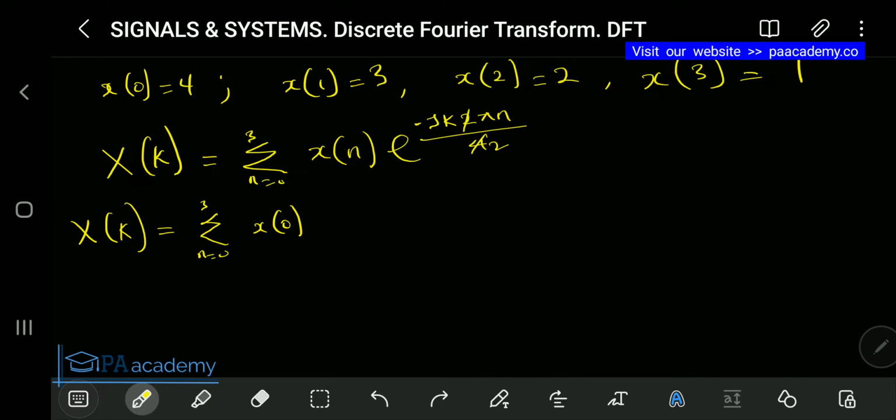So x of 0 exponential. Now between this x of n and this e, there is more like a multiplication here. So take note of that.